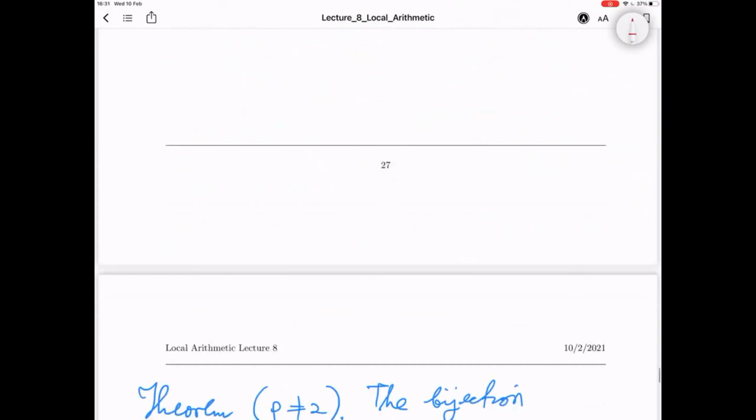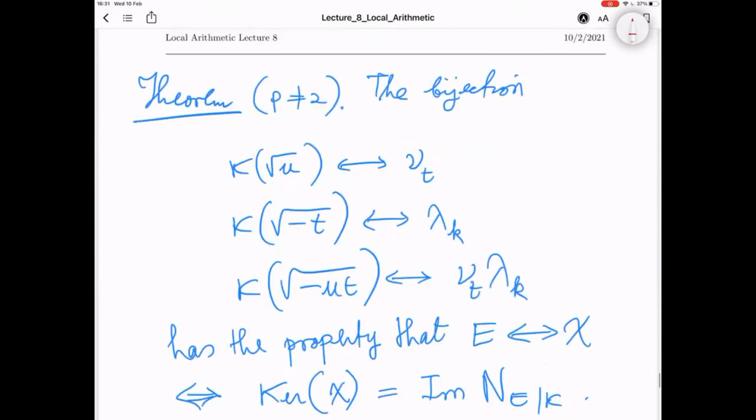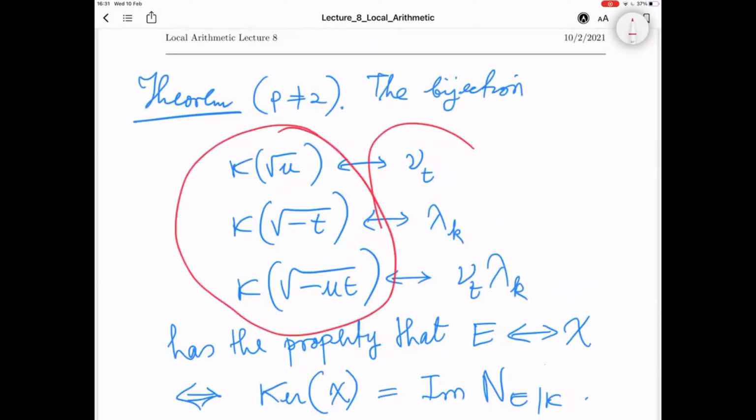So there are 3 on the left-hand side and 3 on the right-hand side. There are many possible bijections between a set consisting of 3 elements on the left and 3 elements on the right.